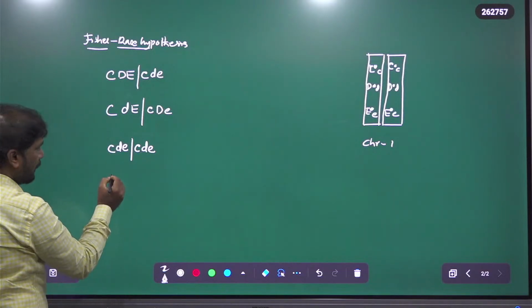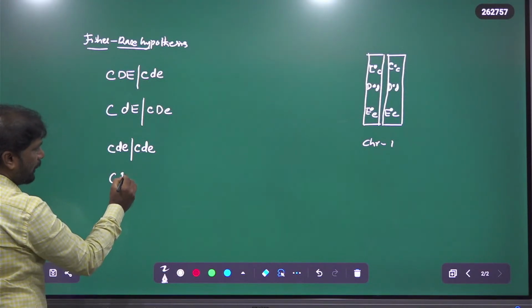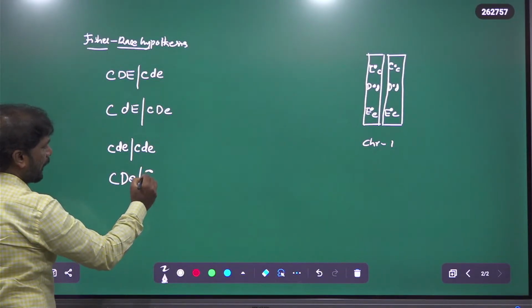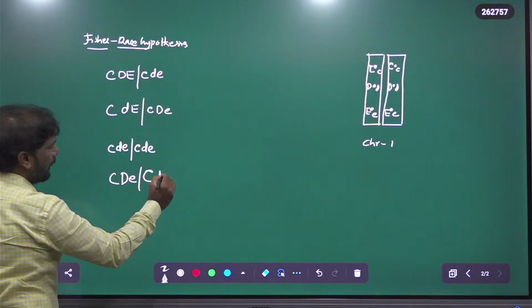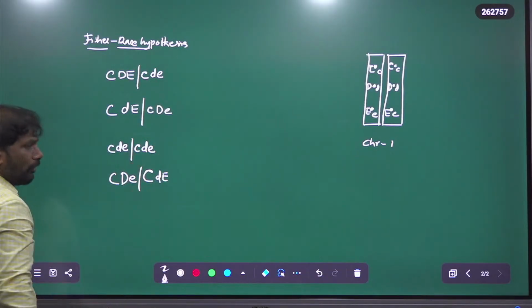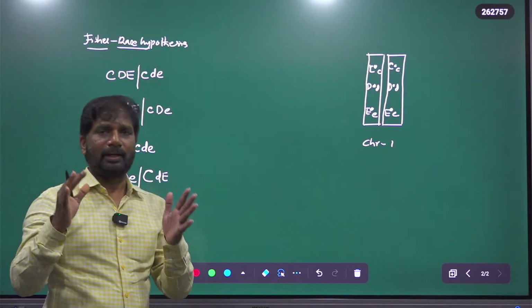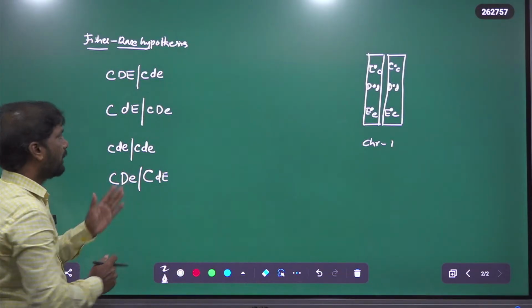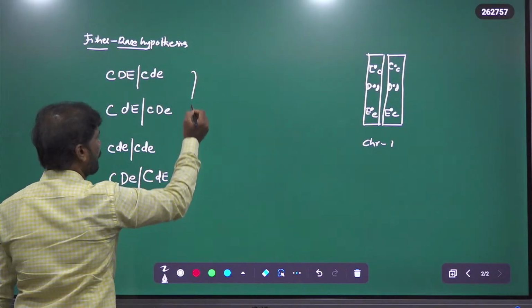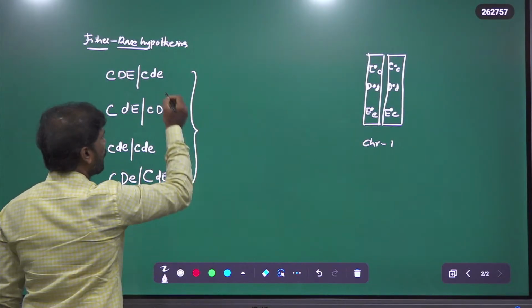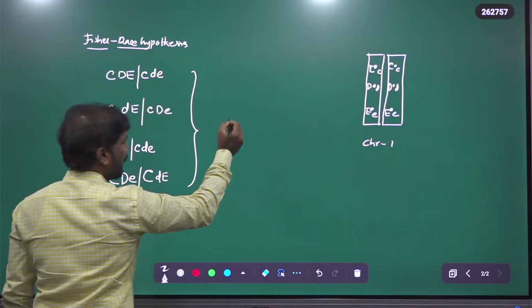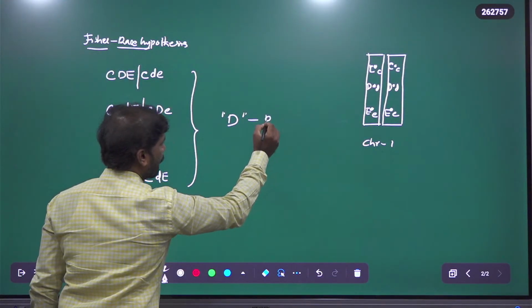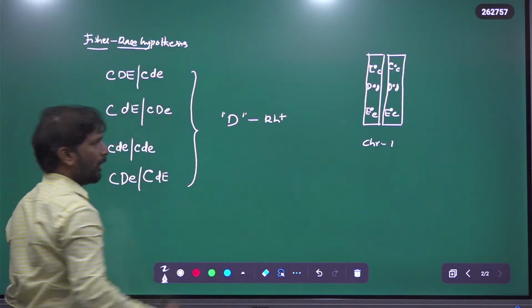Then after capital C, capital D and a small e, as well as capital C, small d and a small e. So here we find out the 8, that means 4 pairs of the alleles. By this Fisher and Race hypothesis, we can say that the group that includes capital D is identified as Rh positive.